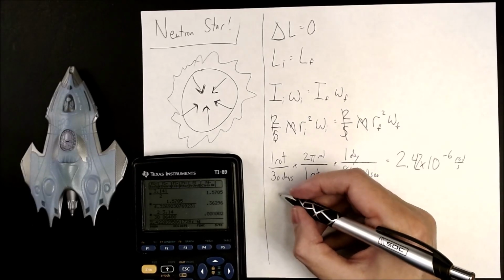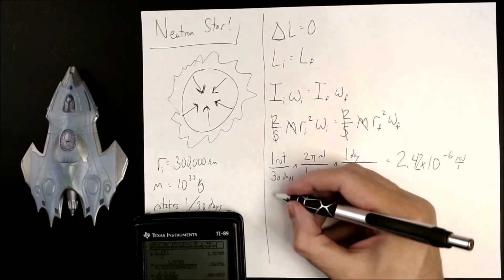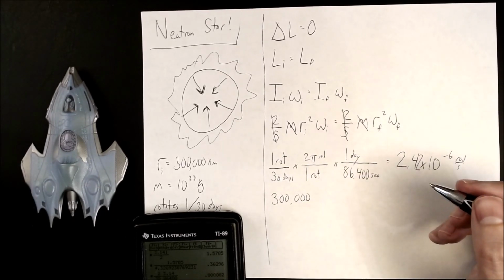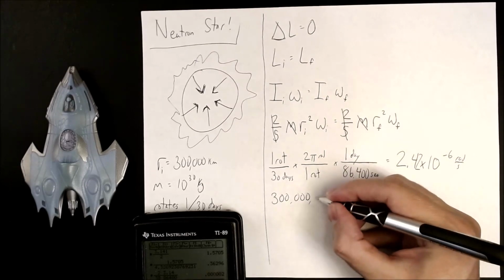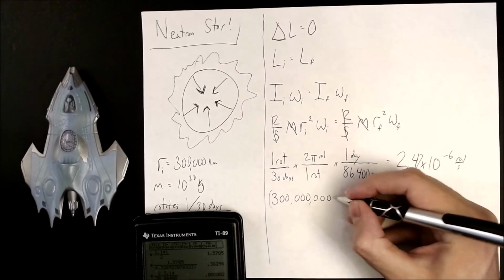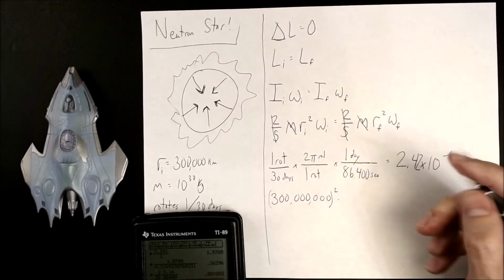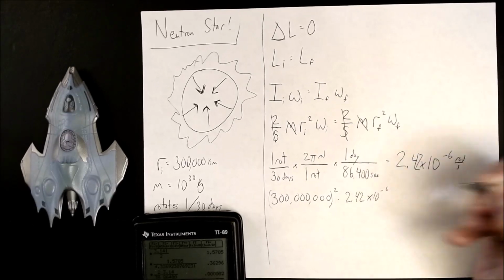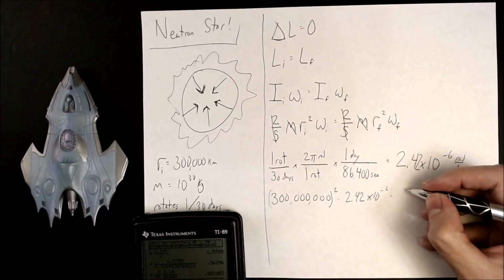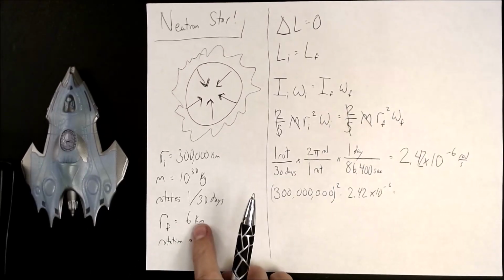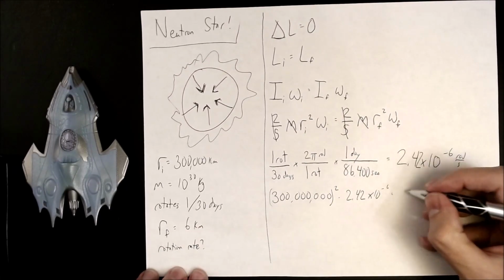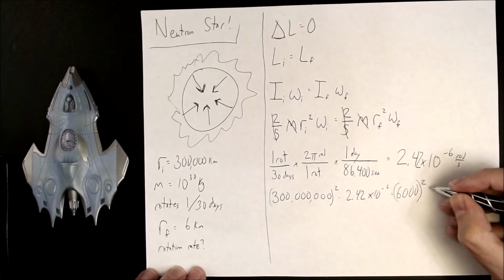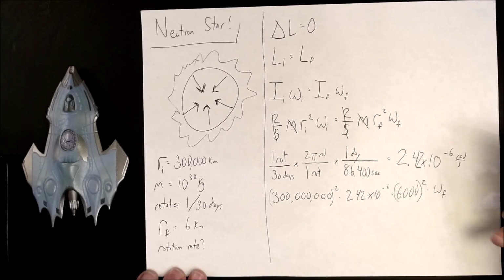We can plug this in. Radius initial was 300,000 kilometers. Should I be doing something with that? Yeah, I should. Making it into meters. Squared times omega initial, 2.42 times 10 to the negative 6 radians per second is equal to the final radius, 6 kilometers or 6,000 meters squared times omega final.